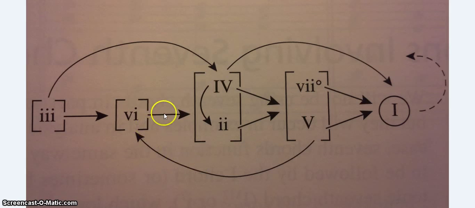You can go to the 6, to the 4, to the 2, to the 7, to the 5, and at that point you would then go to the 1. Or, you would go back to the 6 and do it all over again if you just wanted to start an infinite loop. And in terms of moving in fourths, you can also do that starting on the 3rd, actually. You can go to the 3rd, to the 6, to the 2, to the 5, to the 1.